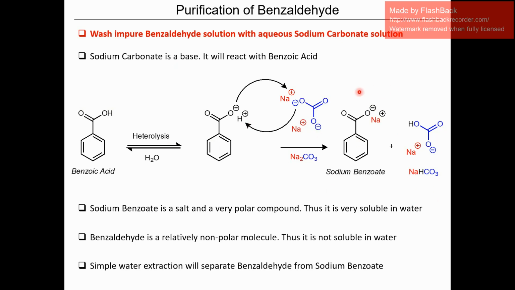These two salts are very water soluble, so when we add the sodium carbonate solution, these two salts are going to go to the water phase, and the benzaldehyde is going to remain in the organic layer, which makes the separation easy to do.